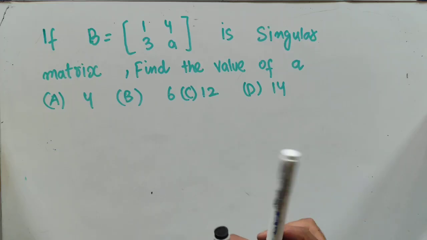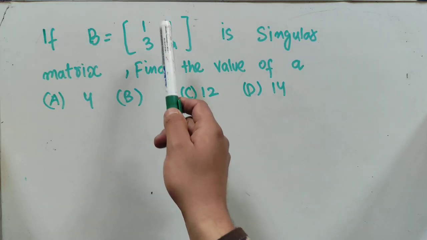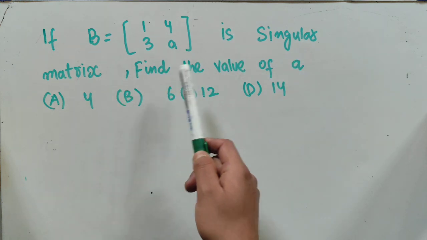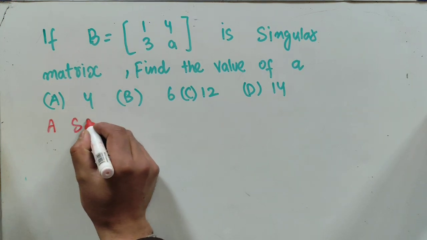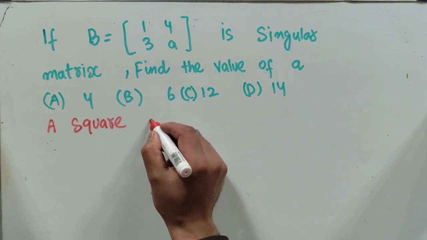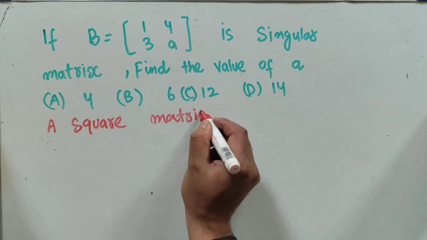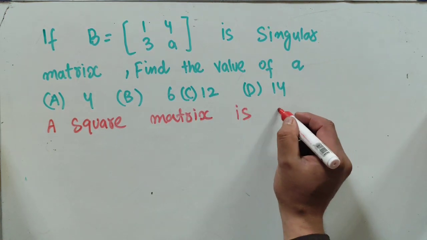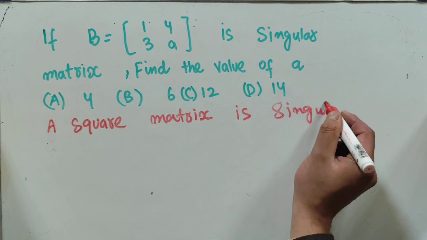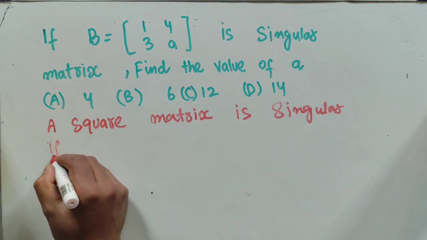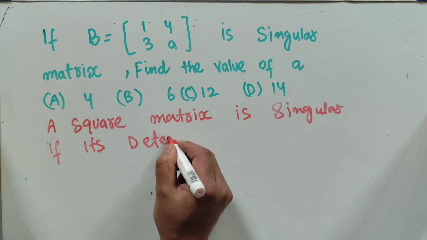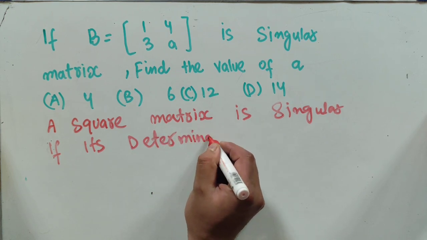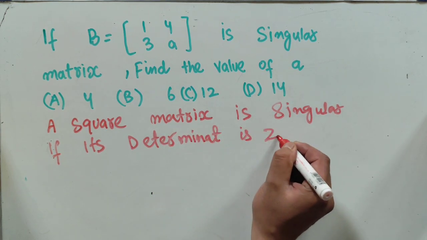Matrix. The question is, if B is equal to [1 3; 4 A] is a singular matrix, find the value of A. By singular matrix, what we mean is, we say a square matrix is singular if its determinant is 0.